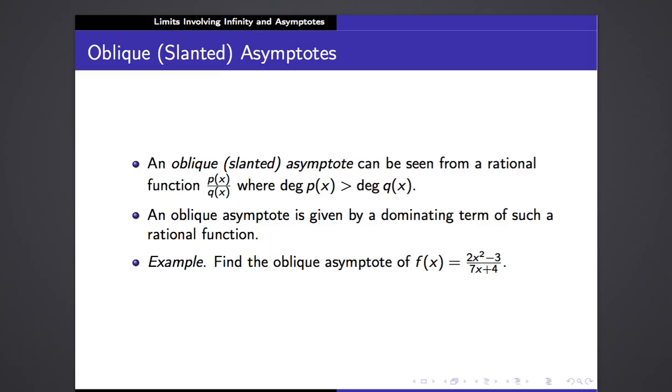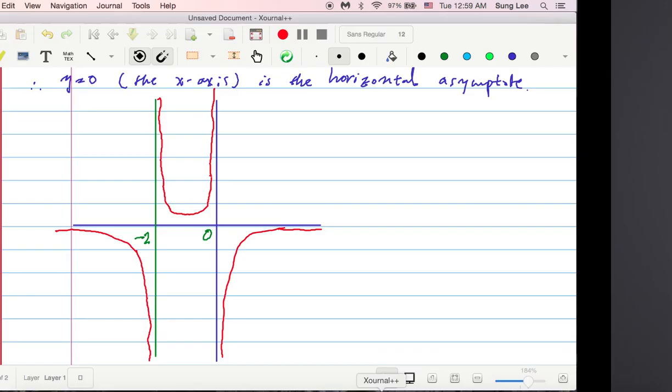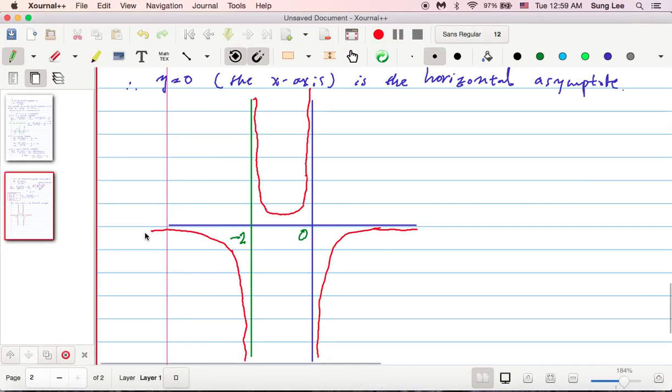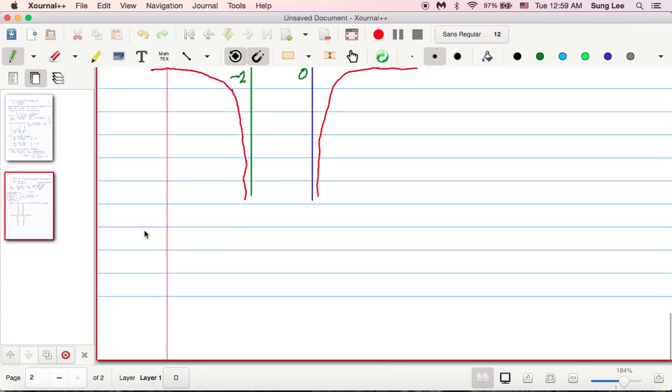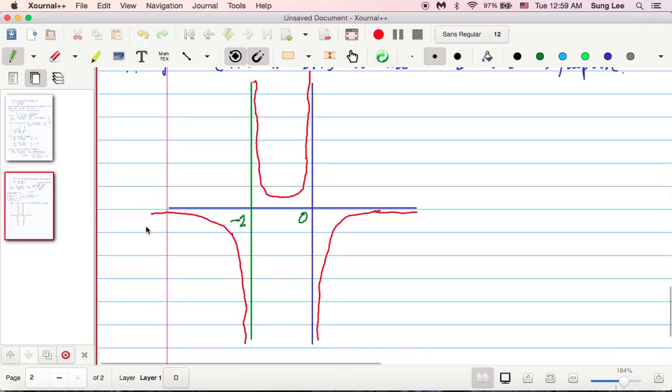To see that, let's get back to my notepad. I don't have much space left, so I'm going to move to a new page.